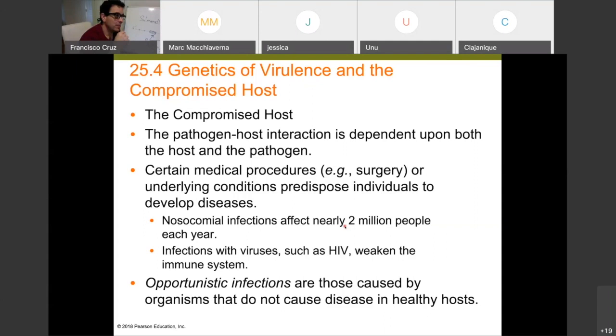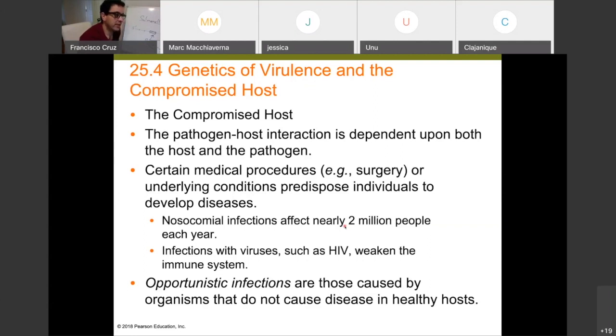So the compromised host is something that other opportunistic pathogens can exploit. And so there's documented 25% reduced respiratory capacity for people that recover from COVID. So we'll have to see how well they do for the rest of the year. You've just become heavy smoker category.